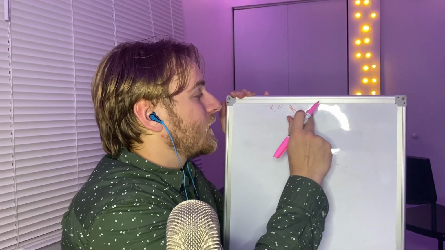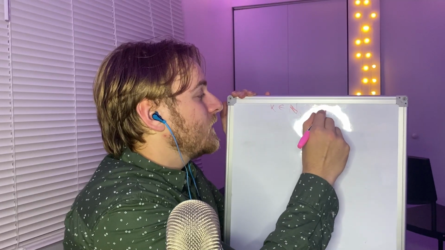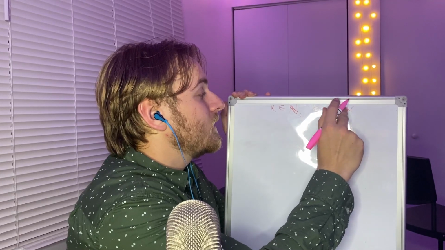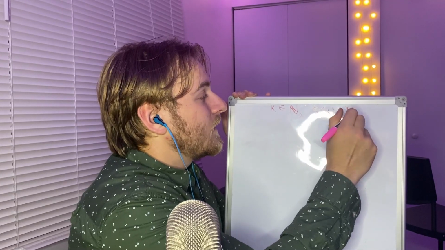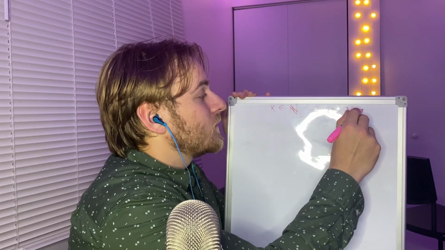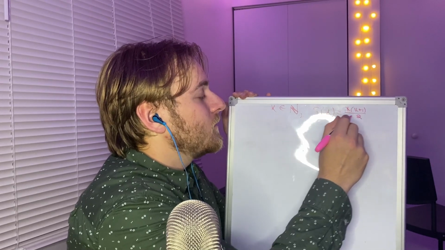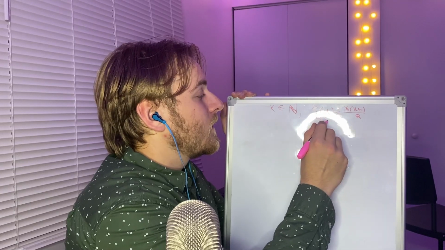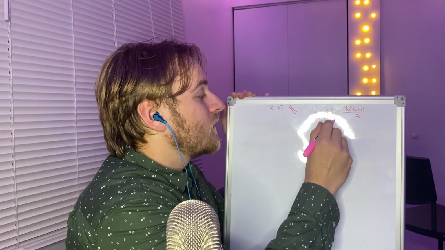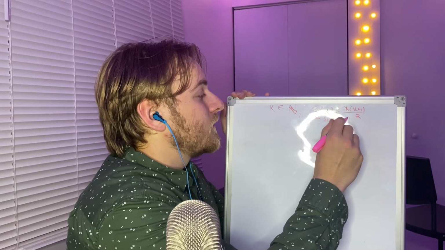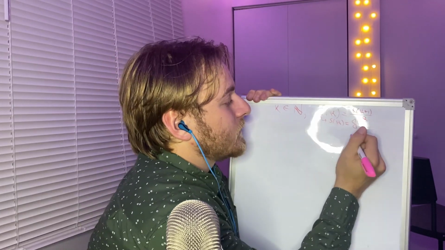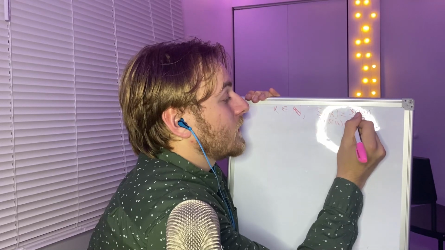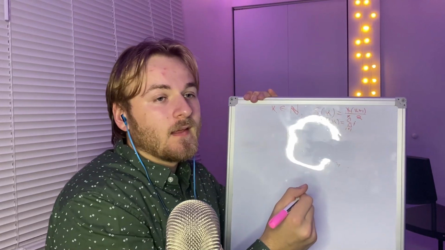Then S of K is equal to K times K plus 1 over 2, where S of K is the sum from 1 to K, so the sum from i equals 1 to K of i.